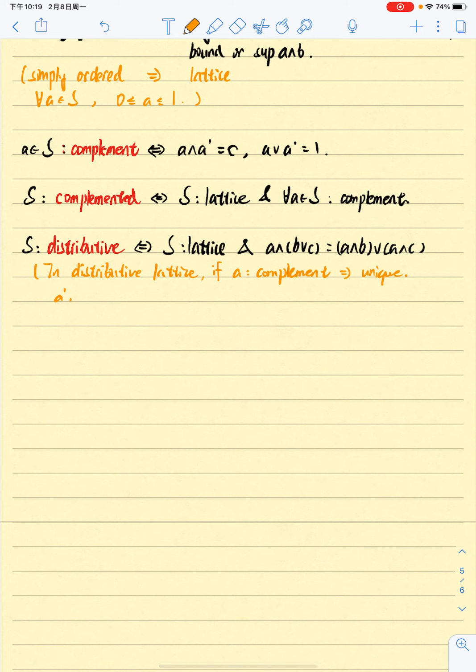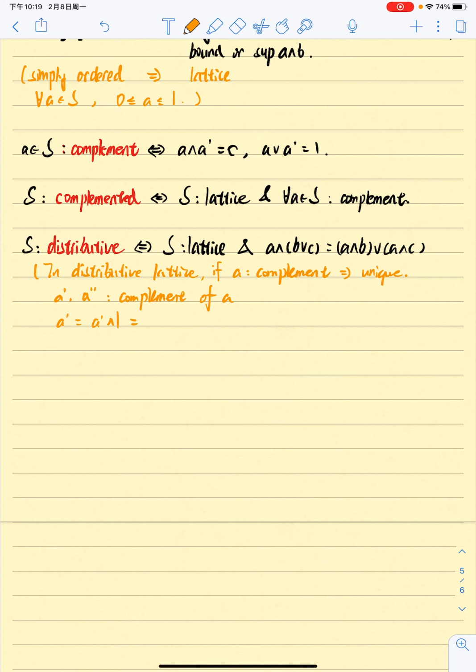Suppose A prime and A2 prime are complements of A. Then we have A prime is equal to A prime and 1.